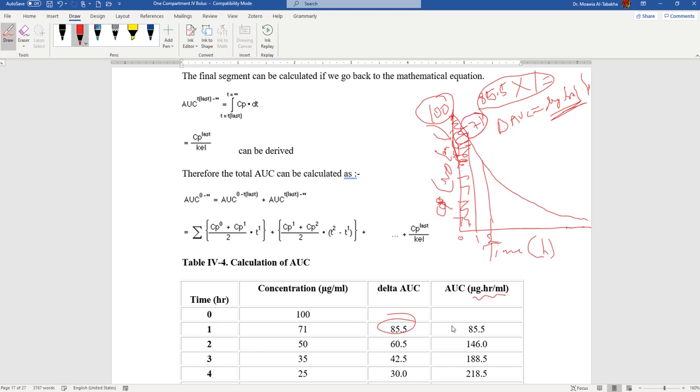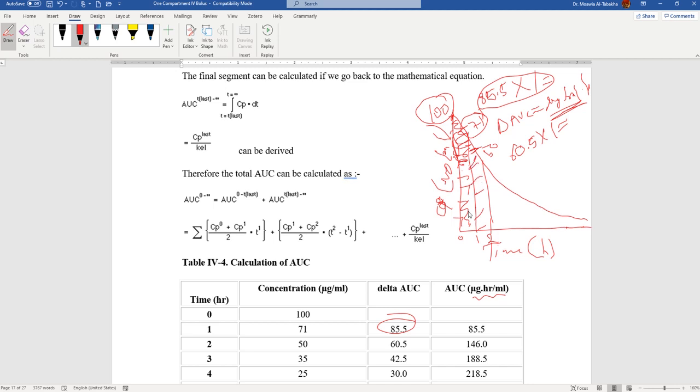The concentration here is 71, and here the additional concentration is 50. طيب, شوفوا هون الويدث قديش؟ Width 2 minus 1 يعني 1. طب والaverage concentration, the middle point قديش؟ 50 plus 71 divided by 2 يعني 121 divided by 2 will give me 60.5. فإذا 60.5 اللي هو middle CP multiplied by الويدث اللي هو 1 will give me 60.5. فإذا here I calculated the area.